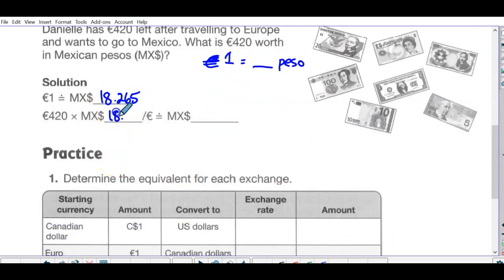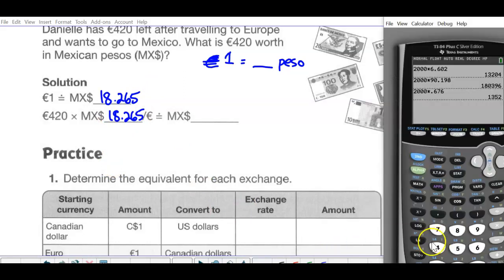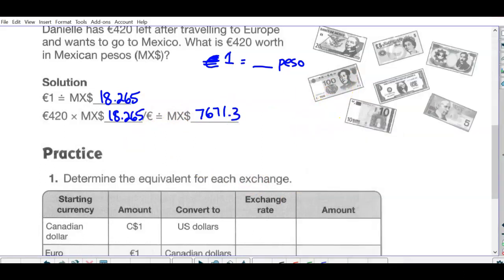Okay, and that's what we're going to multiply by. 420 times 18.265 is 7,671.3. We'll go to 1 decimal place, leave it like that.